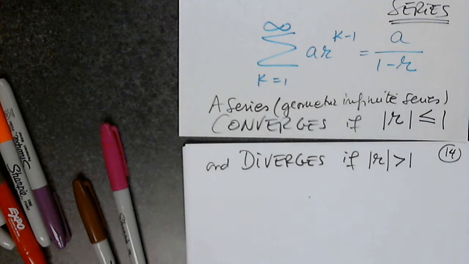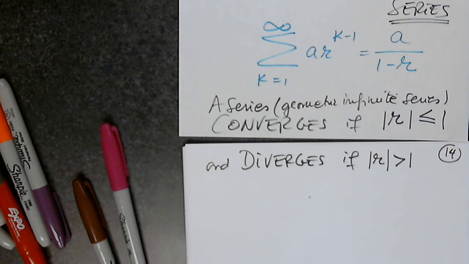If you ask for the sum of this infinite series, and I say it is infinity, it's not a finite number. I cannot say it's 10 or 100 or 10 million. Then we say that the series is divergent. If we can find the sum, then it's convergent.